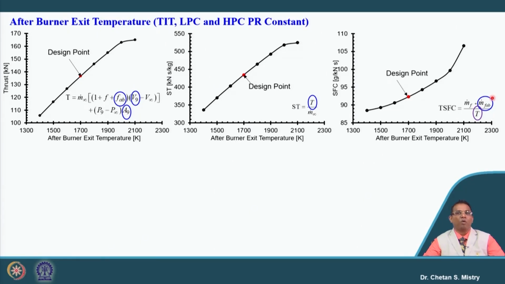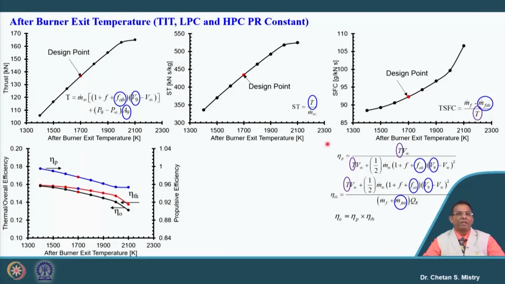Okay. Now, let us try to look at what is happening with our efficiency. Here in this case it says when we are increasing our afterburner exit temperature, the thermal efficiency and propulsive efficiency are going to be reduced, because that has a direct impact in terms of my fuel consumption, that has a direct impact because of my thrust.